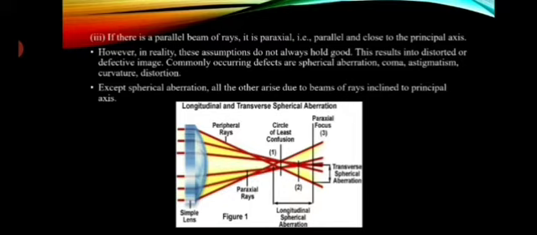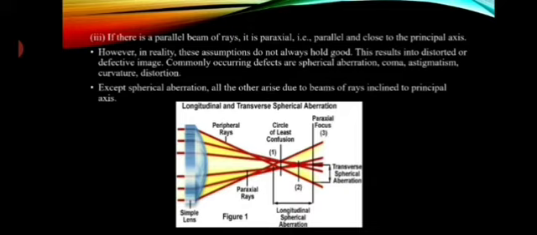But when the rays are coming from a far object, or if the rays of light are away from the principal axis, those rays which are at the corner of the lens are called peripheral rays, whereas those rays which are close to the principal axis are called paraxial rays.